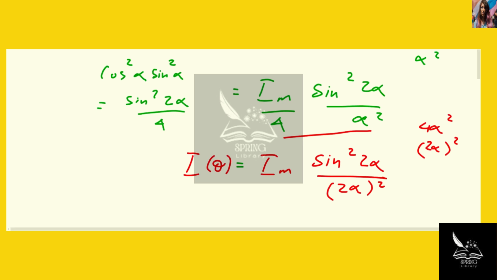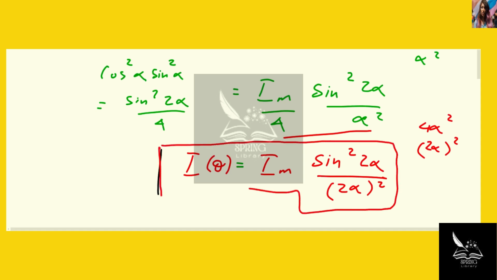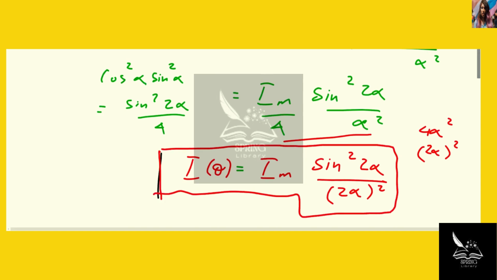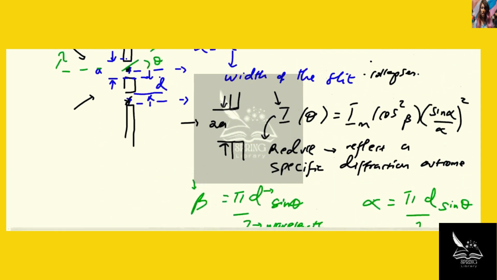So once again, we had a problem. In this particular problem, we were given 2 openings, this one and that one, and these 2 openings collapsed to 1 opening. Lambda was our wavelength, theta is the angle of diffraction, and d is the gap between the slits.